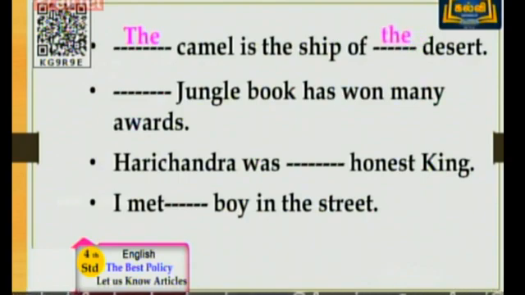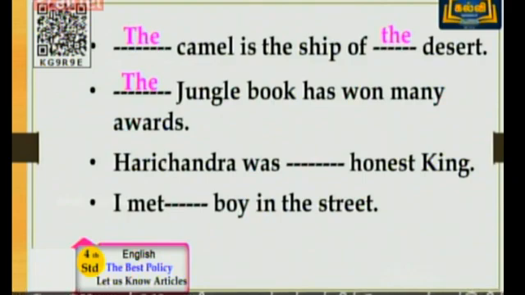Coming to the next one. Dash Jungle Book has won many awards. Here the word Jungle Book is understood as one of the famous books. Which article are we using? The Jungle Book has won many awards. So how many of you told right? Clap hands for yourself.